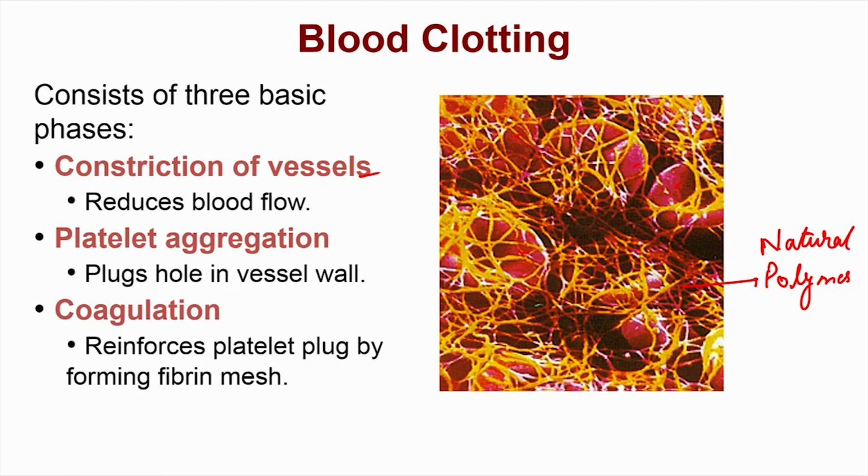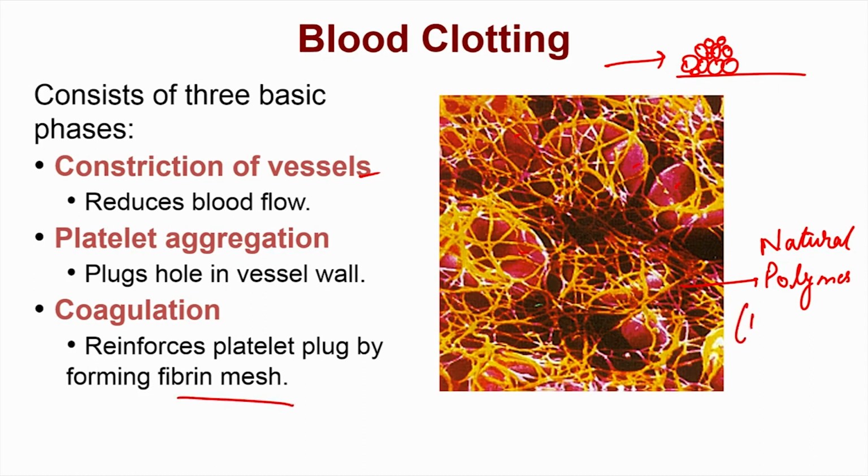and then the coagulation happens, wherein the platelets, right now, are just a mass of cells piled on, let us say, a hole that was there, but this is still fairly loose. So, with more and more flow coming in, these platelets can get washed away, but what they do is form this fibrin mesh.